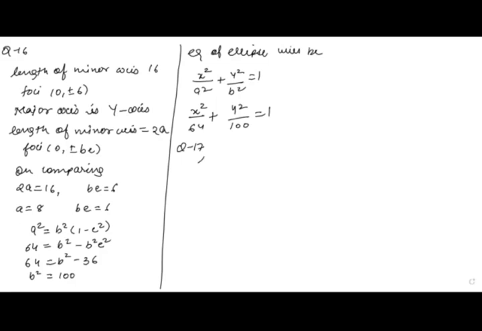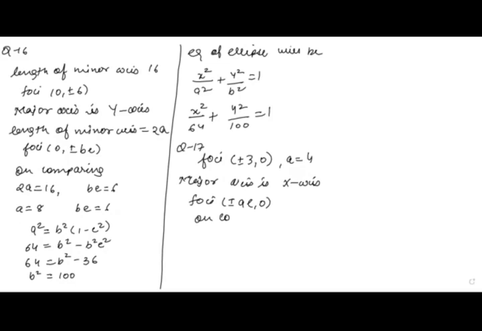Question 17, foci is on x-axis. Definitely my major axis will be x-axis, and a is given. My major axis is along x-axis, as my foci are on x-axis. Foci are on plus minus ae, 0.